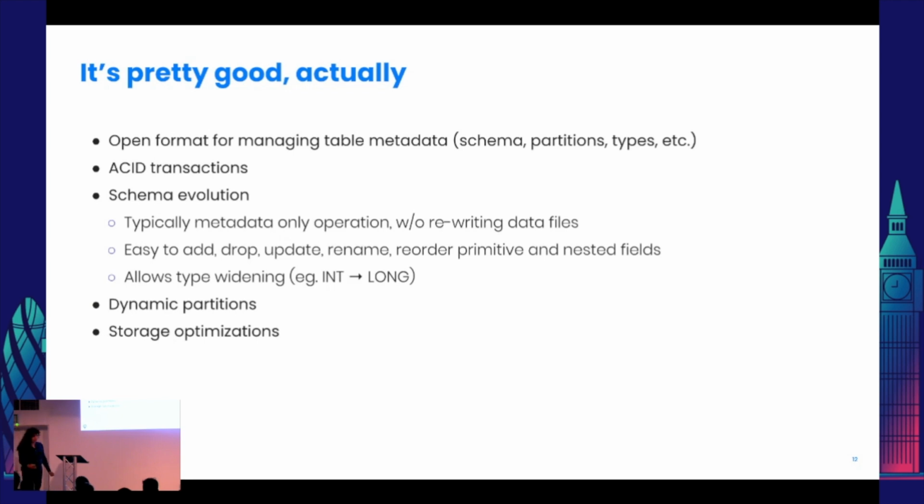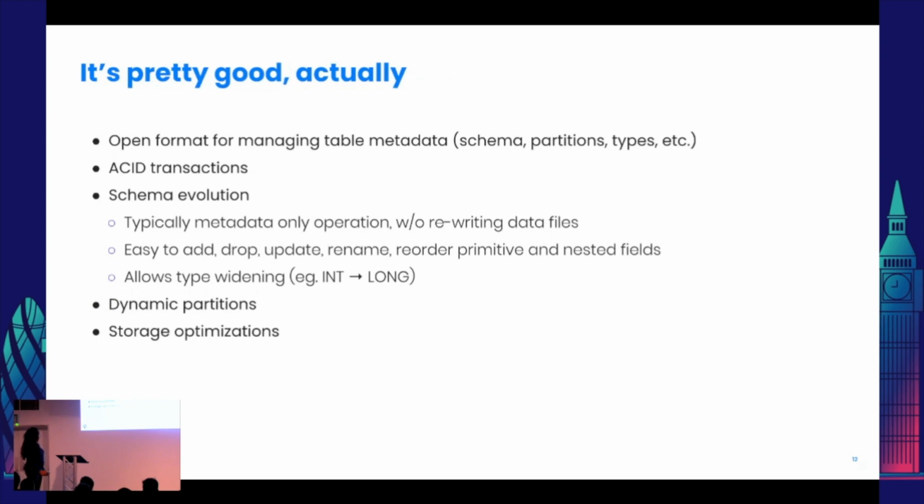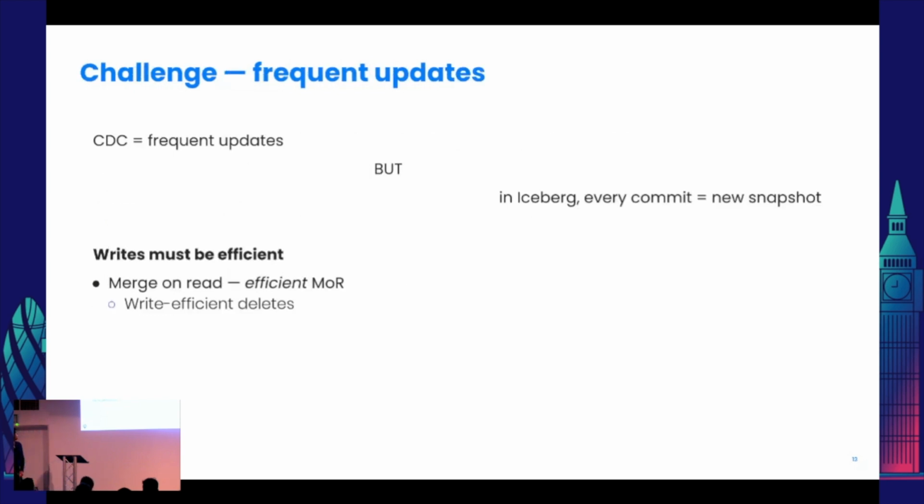But there are some challenges. One of these is that with change data capture, because the transactional database is being updated constantly as things in the application change, there are lots of frequent updates.